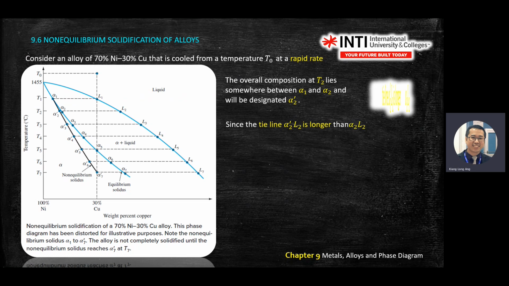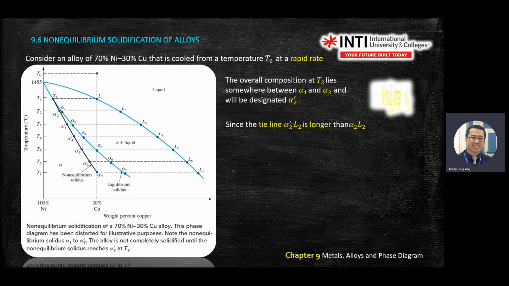Ignore this line. So since the tie line, okay, recall what is a tie line? This horizontal line is called a tie line. Right. So since the tie line of alpha prime 2 L2 is longer than alpha 2 L2, what does this statement mean?